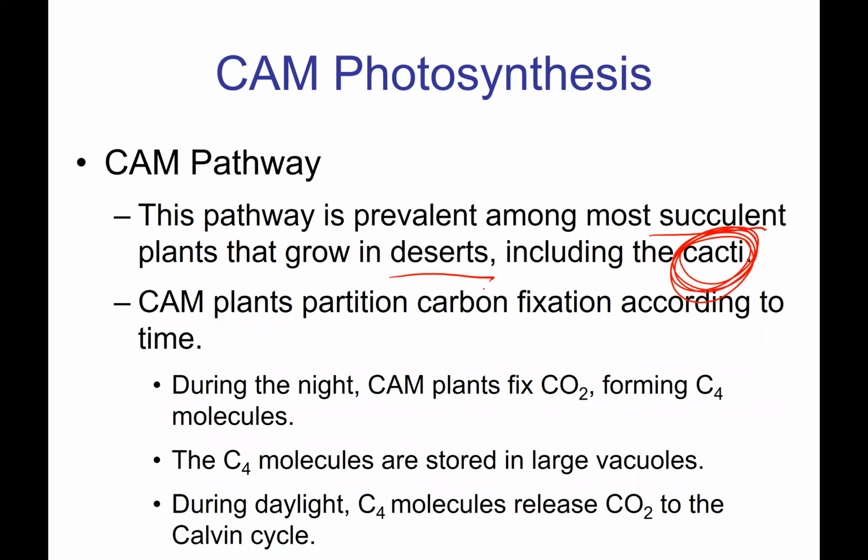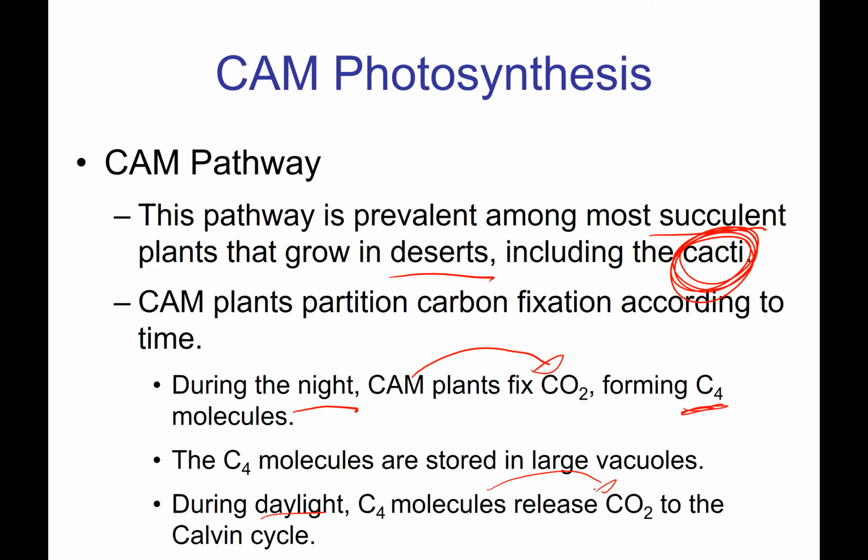And one thing about CAM pathways is that they do photosynthesis based on the different time of day. So during the night, CAM is going to fix carbon dioxide to form C4. And then during the day, you're going to release carbon dioxide to the Calvin cycle.